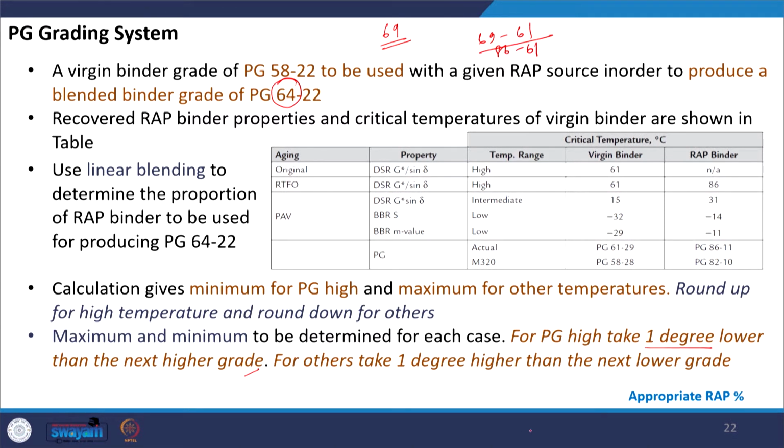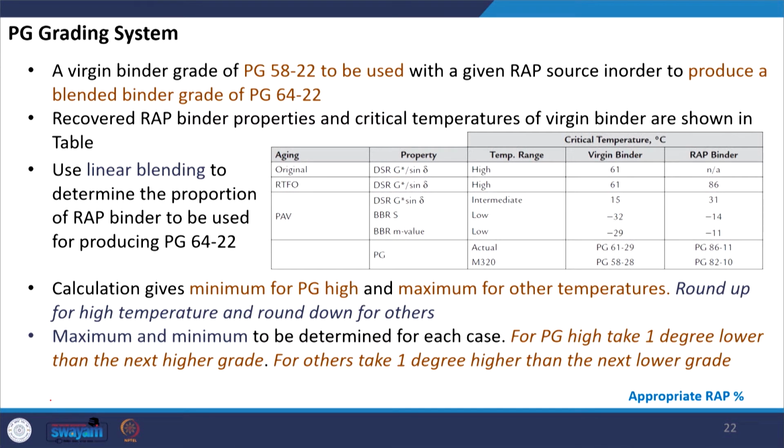If you do this calculation, you will get the value as 0.32, alright, which means that the RAP binder should not be more than 32%, so that it does not go to PG 70, alright. So, as per the high temperature PG, the range is 12 to 32%.